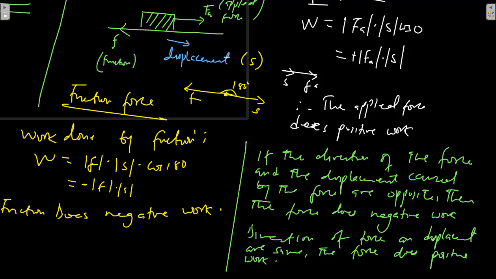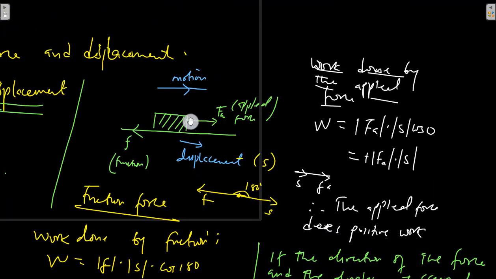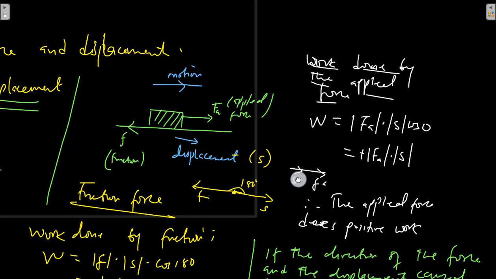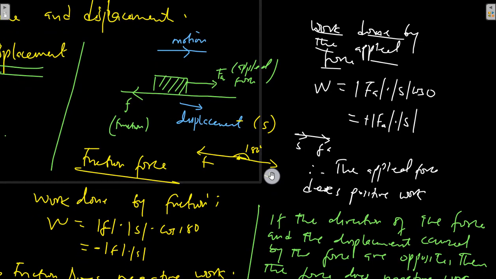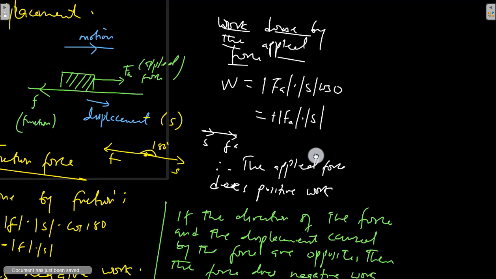As you can see in our case study here, the applied force and the displacement are in the same direction, so the applied force does positive work. The friction and the displacement are in opposite directions, so the friction force does negative work. The concept of the sign of work done is very important because it helps us to know whether the displacement caused by the force was in the same direction or not.